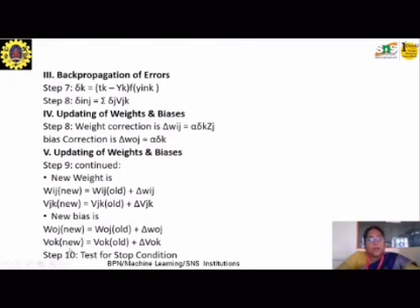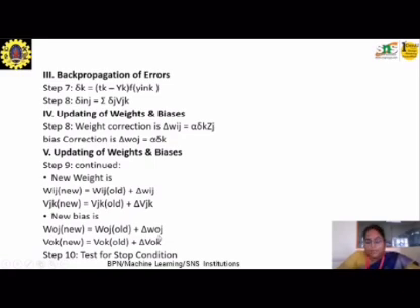So vok new is equal to vok old plus del vok, where vok is the second hidden layer's bias value. So the new bias value is also calculated.